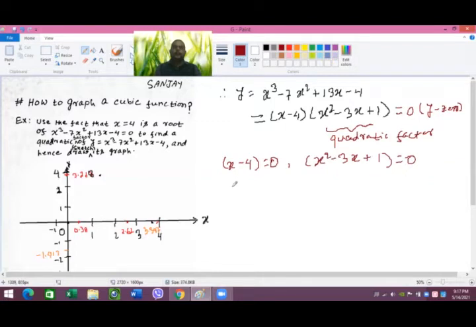And if you simplify this, it's going to be x equals 4, which is already given.